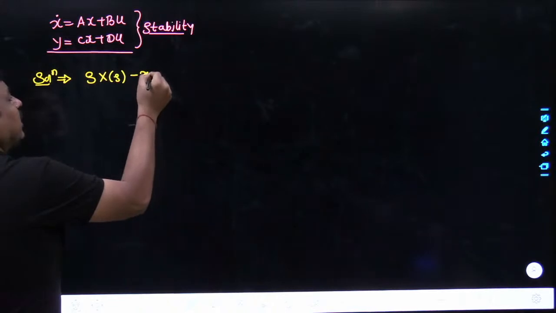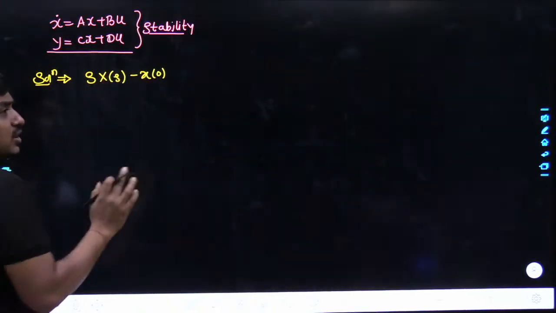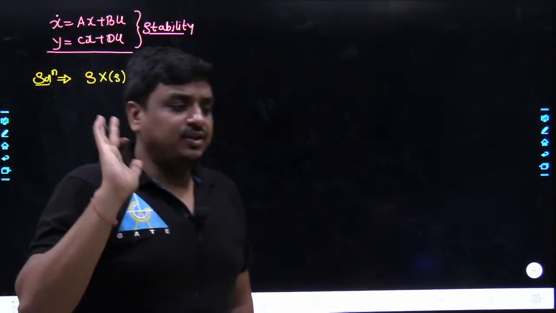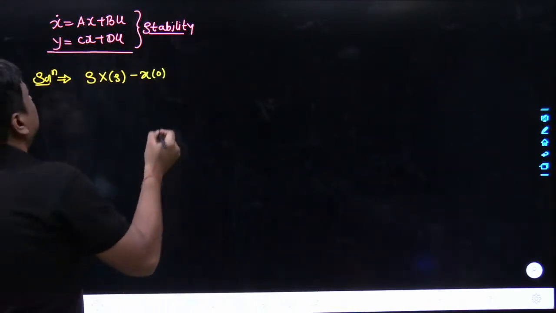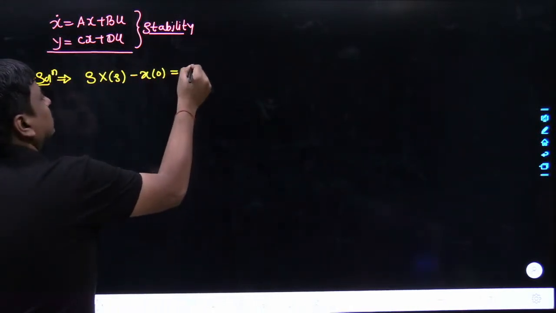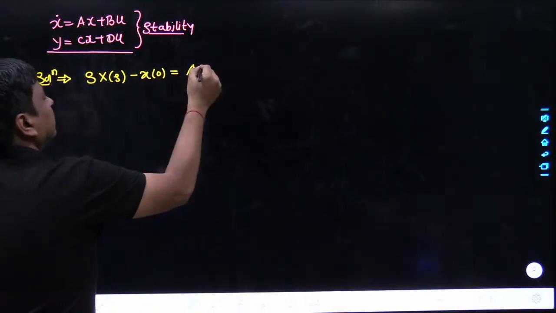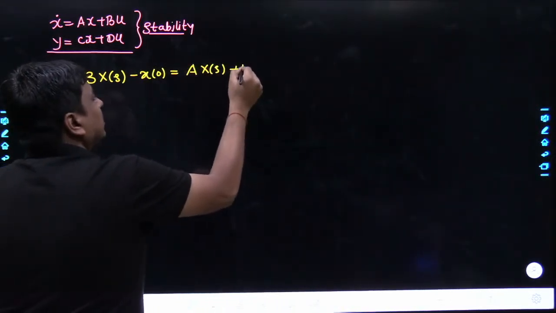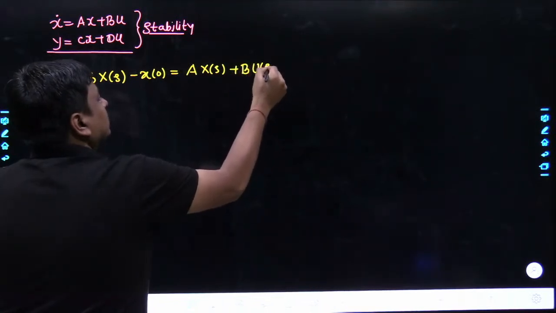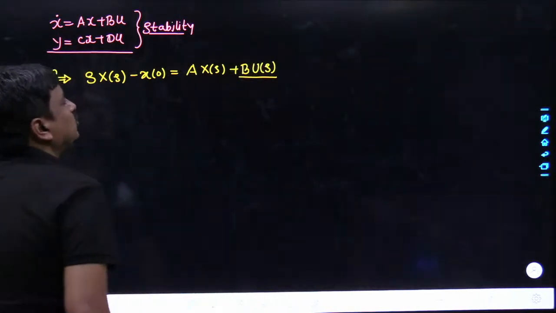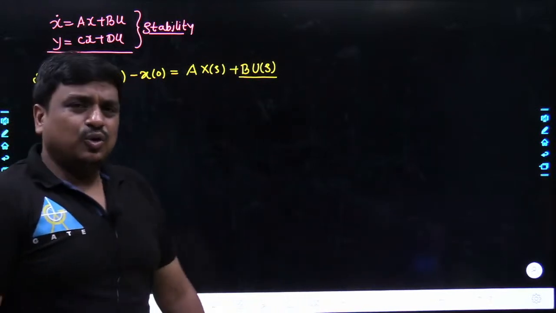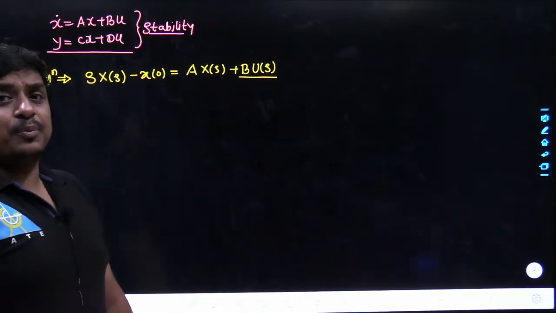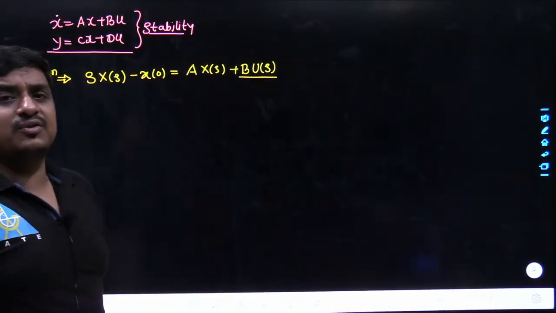Minus x of 0, that is the value of the state variable initially at t equals 0. And it equals A, which is a constant, so it remains A of X of s, plus B of U of s. Agreed?